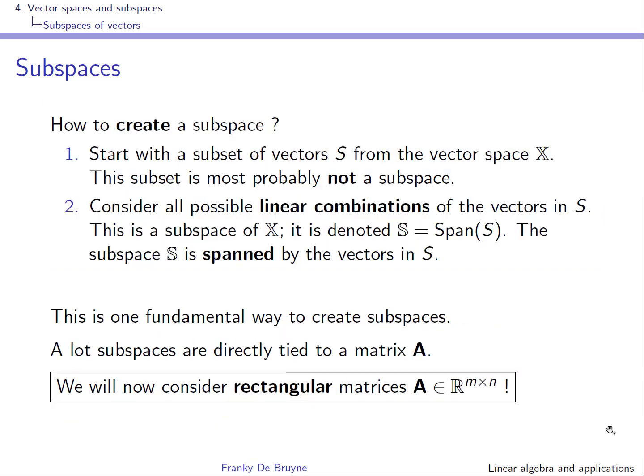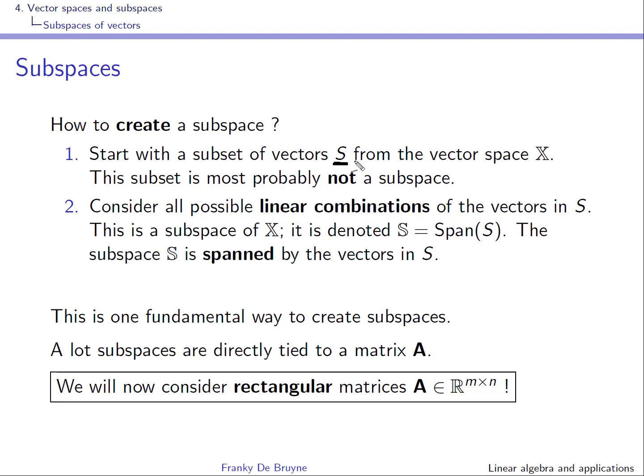So how can you create a subspace from a vector space X? Well, you can start with a subset of vectors, which we call S here, and in general the subset S will not be a subspace.